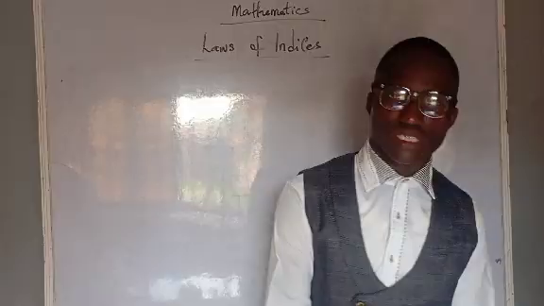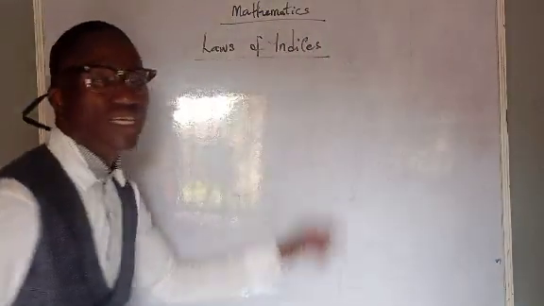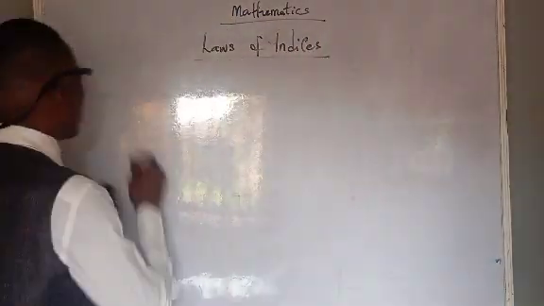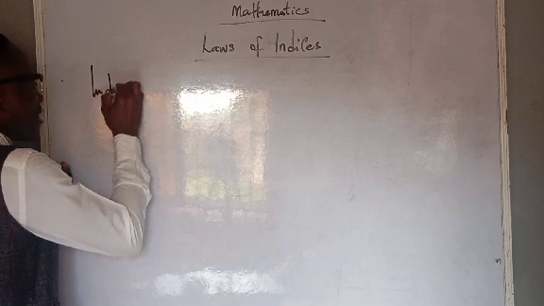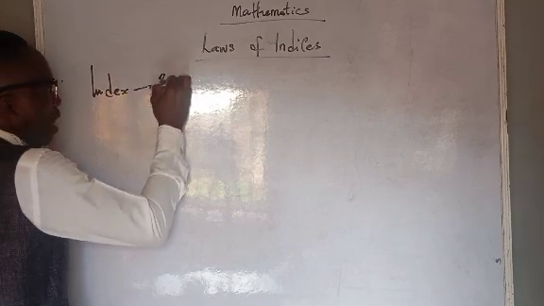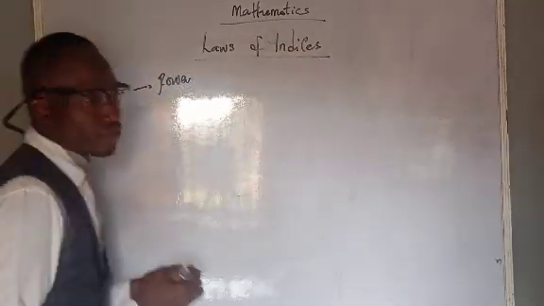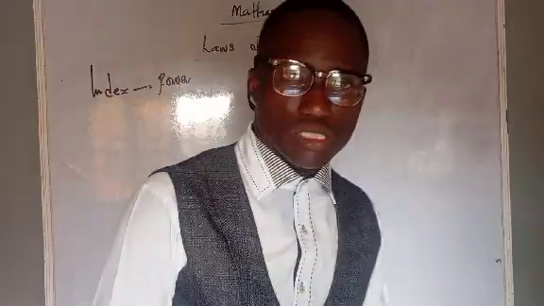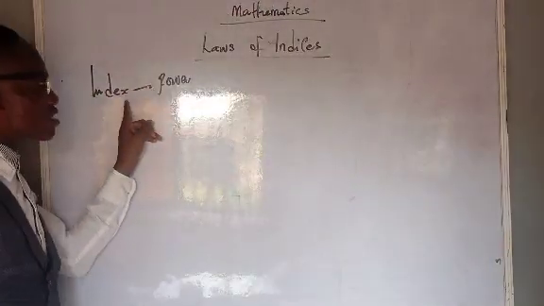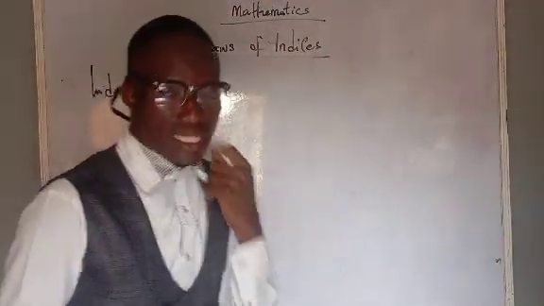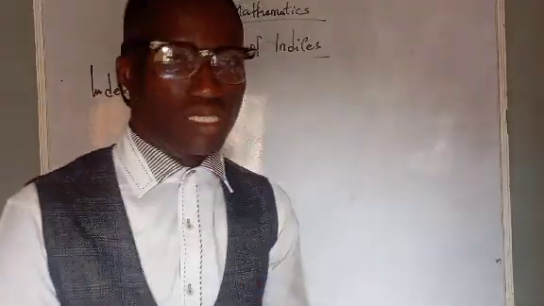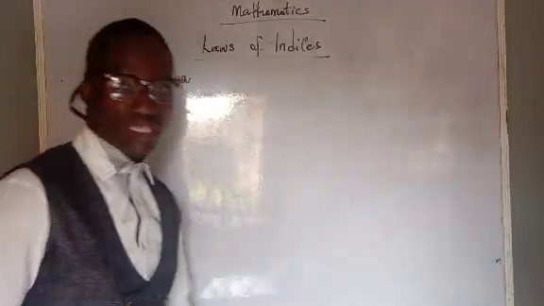Laws of what? Indices. Now indices is the plural form of the word index. Index means power. And the plural form of index is what? Indices. Now they gave us laws in mathematics to treat indices.